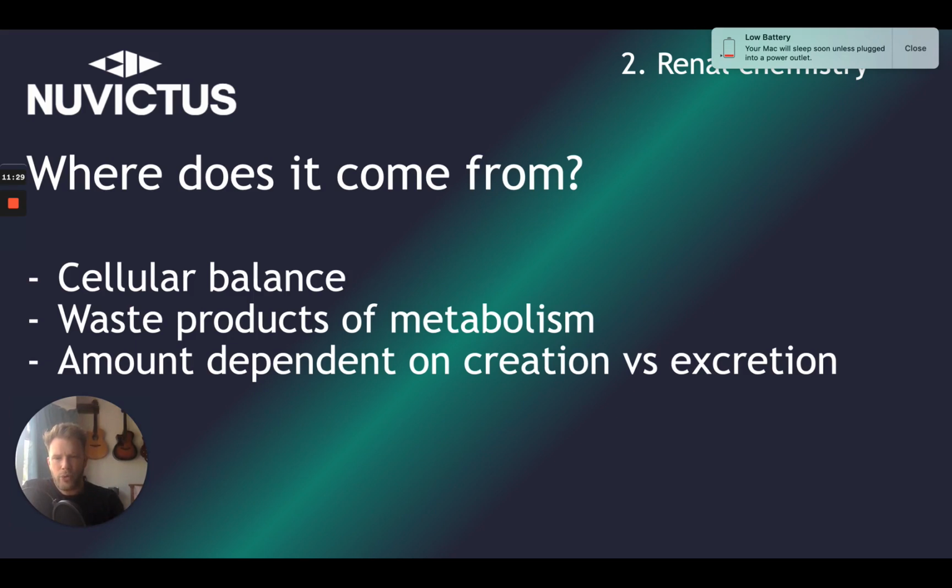So when you have a lot of muscle, you're more likely to have a lot of creatinine, and if you have less muscle, you're likely to have less creatinine. So sometimes we need to take those things into account when we look at the amount of creatinine that's actually in the blood, and then when we try to make our calculations of how quickly the blood is being filtered.